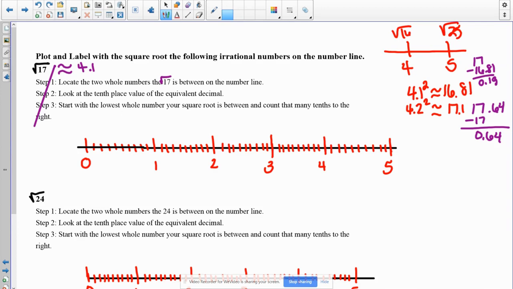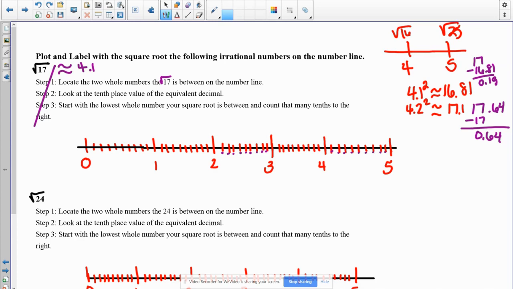Now we're going to decide what tenths. Notice that the number lines we're going to give you are in tenths. For example, this is 2, and then 2.1, 2.2, 2.3, 2.4, 2.5, 2.6, 2.7, 2.8, 2.9, and then we go to our next whole number. Again, 4.1, 4.2, 4.3, 4.4, 4.5, 4.6, 4.7, 4.8, 4.9, and then the whole number.